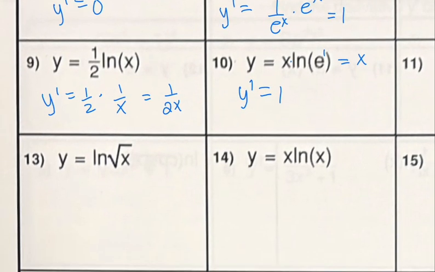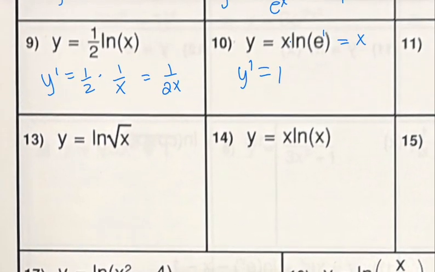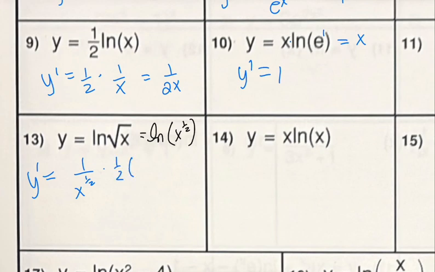Let's do 13 and 14. So let's do a little rewrite. Let's make that the natural log of x to the 1/2 power. The derivative of a natural log is 1 over the stuff times the derivative of the stuff. Well, the derivative of that is 1/2 x to the negative 1/2.